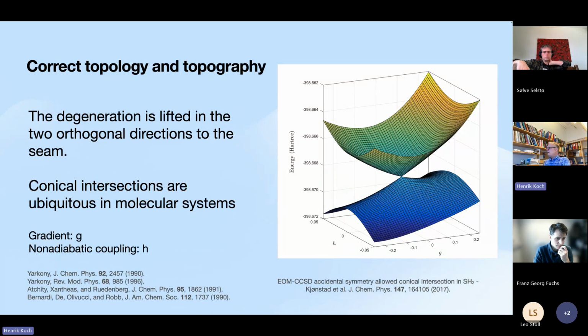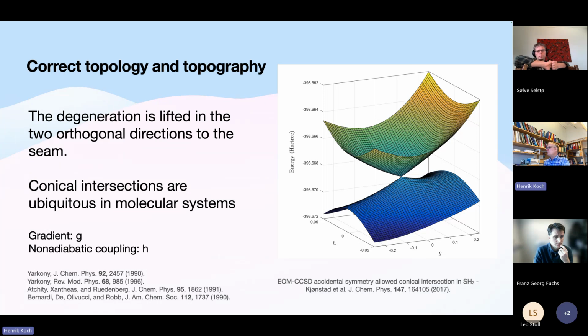Typically, they are depicted in the following way. You have two directions where, if you move along those two directions, you lift the degeneracies. I don't have a pointer here, but on the right there, you have a conical intersection point. So you have the point of degeneracy, and you have the two potential energy surfaces.